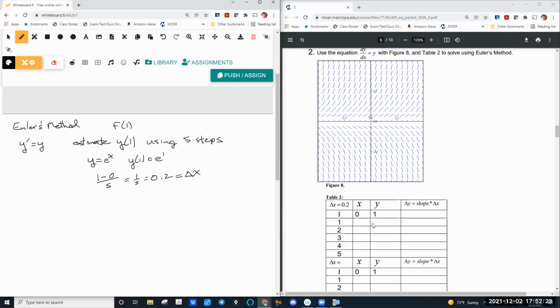Then we'll go to the next point and calculate the slope, put that in, and then it's just an iterative process, meaning we repeat that over and over. Now remember where your slope comes from. It comes from your differential equation. Okay. So let's see what this looks like.